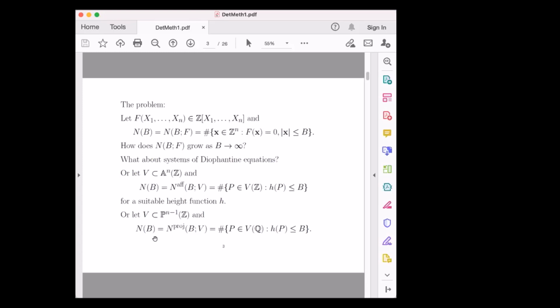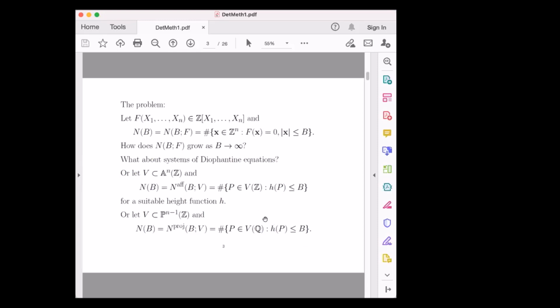Alternatively, one might look at a projective variety. So one would have a system of homogeneous equations in n variables, so this is in n-1 space. And then the projective count will be the number of rational points with height at most B. And for a rational point, the naive method of measuring the height would be to clear any common denominators from this rational vector, remove any common factors, and then look at the sup norm of the resulting integer vector.